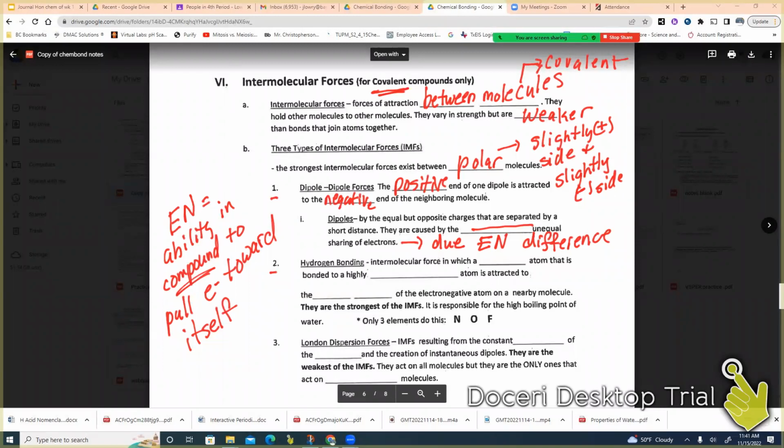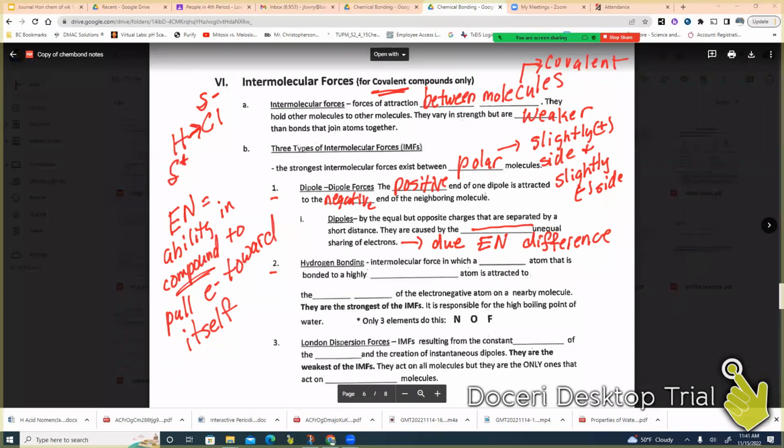So an example of that, we can look at HCl. On that one, chlorine is a lot more electronegative than hydrogen. So that means those electrons are going to shift toward the chlorine. That's where my slightly negative side would be, and this is where my slightly positive side would be.